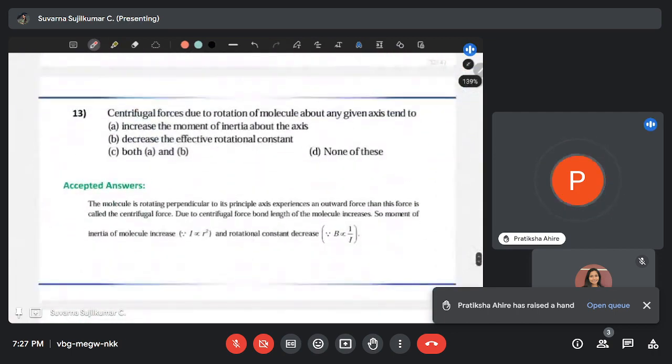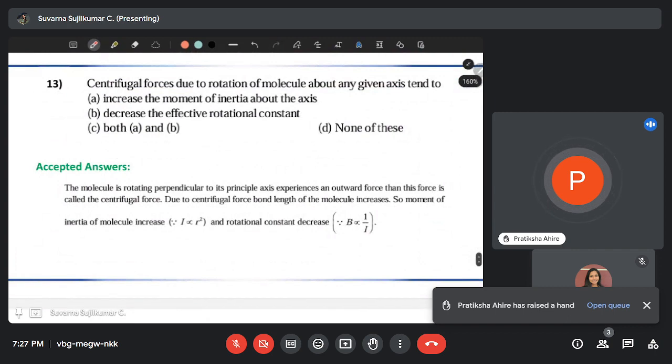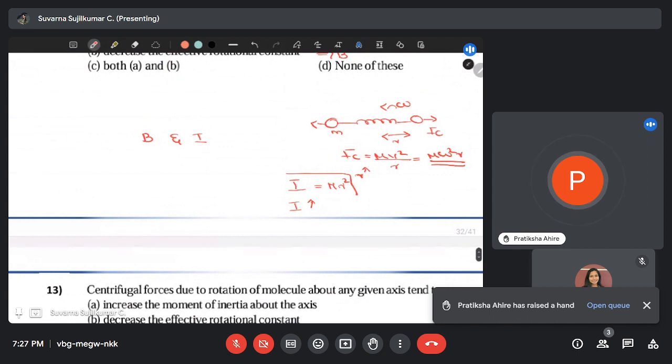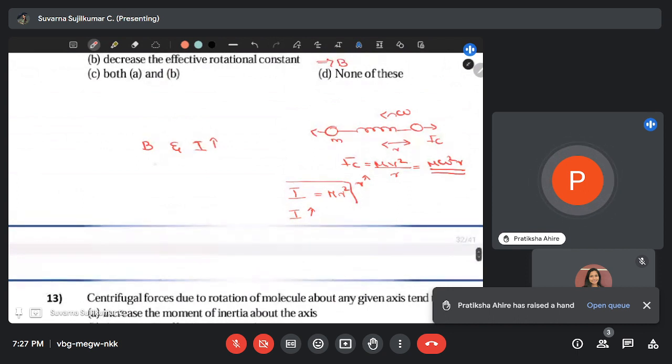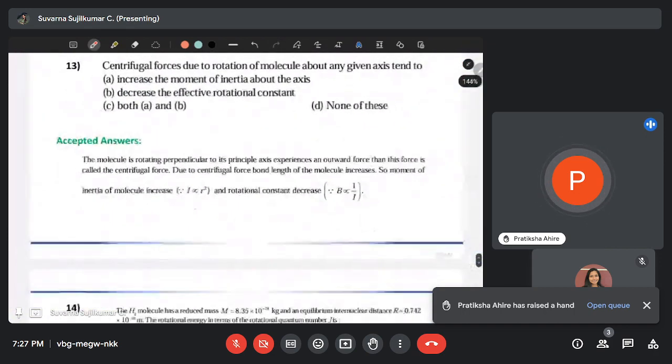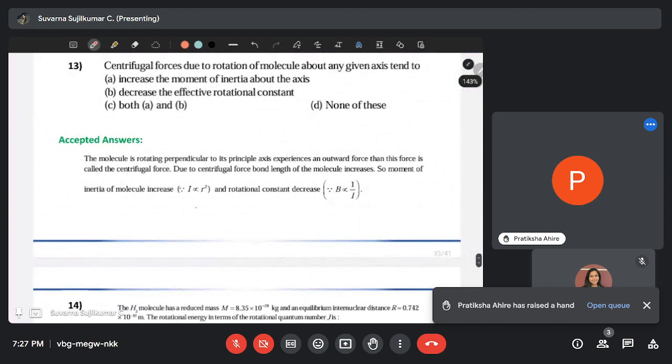Then let's discuss this answer. When r increases, the moment of inertia I will increase. The moment of inertia and B are inversely proportional, so in effect the rotational constant will decrease. When the molecule rotates perpendicular to the principal axis, it experiences an outward force, the centrifugal force.